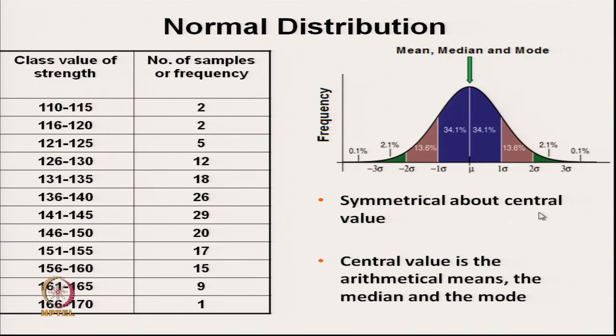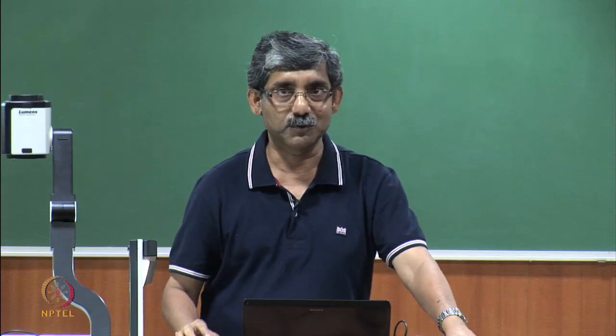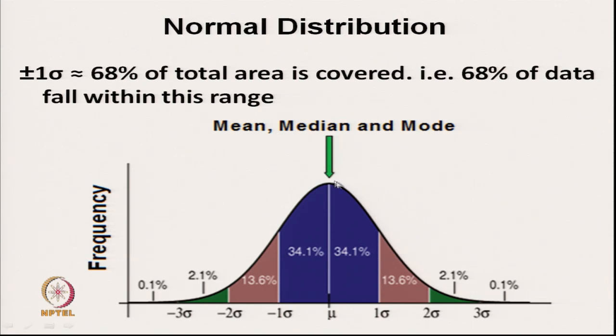Now, with this assumption we will try to see what is there in the normal distribution. Sigma is the standard deviation, and what does plus minus 1 sigma mean? That is mean plus 1 sigma and minus 1 sigma.